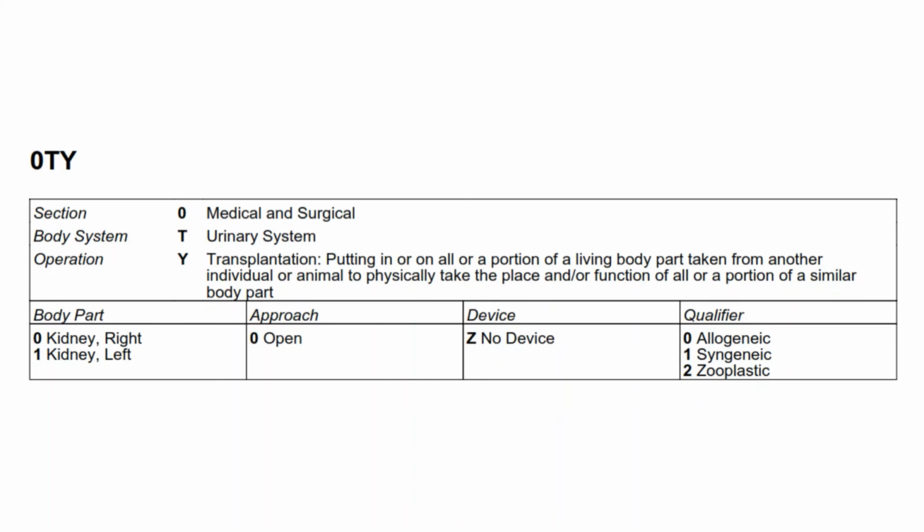Body system is urinary system. Root operation is transplantation. Body part is 0, which is the right kidney. Approach is 0 again, which is open. No device because we are not leaving anything inside as a device value. And the qualifier value in this case would be allogenic, since it is taken from another, matched donor.